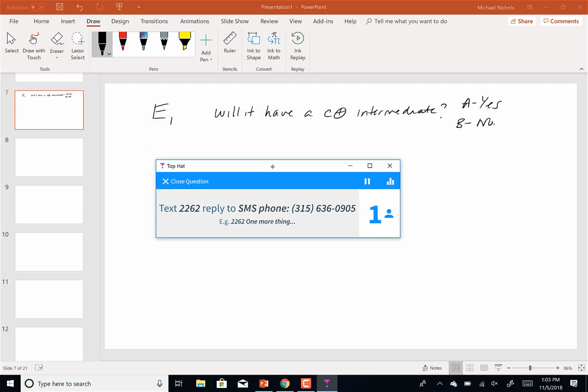From what we've talked about the last probably 2 weeks. If I say it's E1, is it going to or not have a carbocation intermediate?